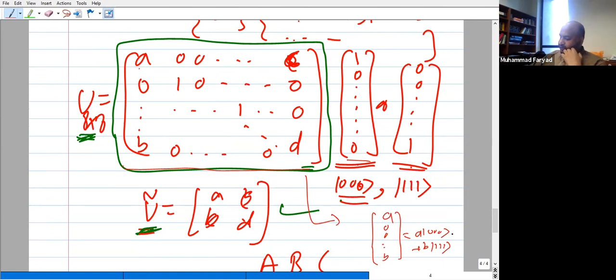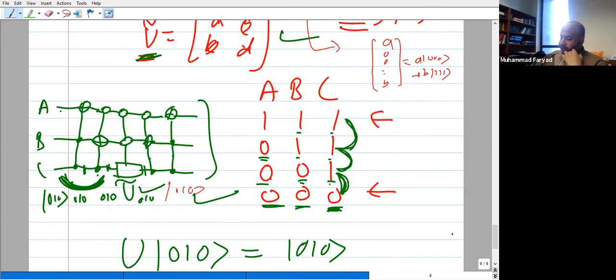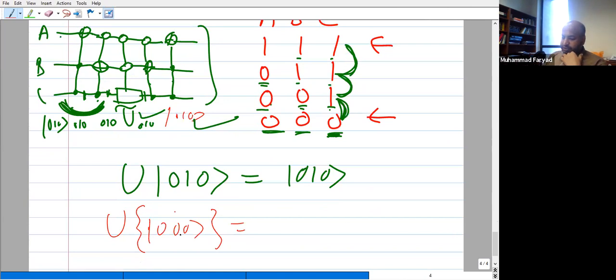So let's see if we get this A 0, 0, 0 plus B 1, 1, 1 if we pass this 0, 0, 0 state through here. So here it is 0, 0, 0. Nothing happens here, so I get 0, 0, 0. When this passes through here, nothing happened.